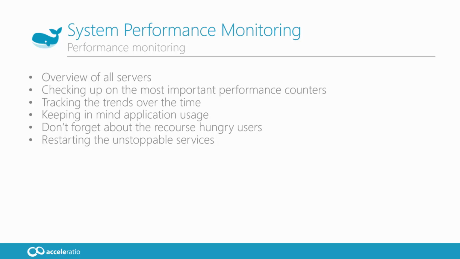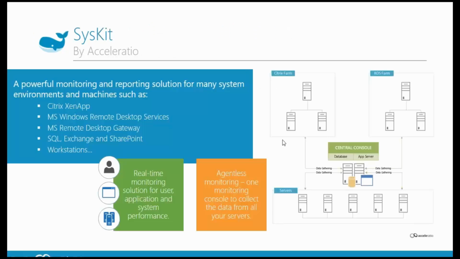So we are going to discuss how you can track performance of your servers with our tools. A little bit about how we are tracking all the information that I'm going to show you today. SysKit is a solution that's completely agentless. So if you're running, let's say, a medium-sized data center, you will just need to install it on a single server.